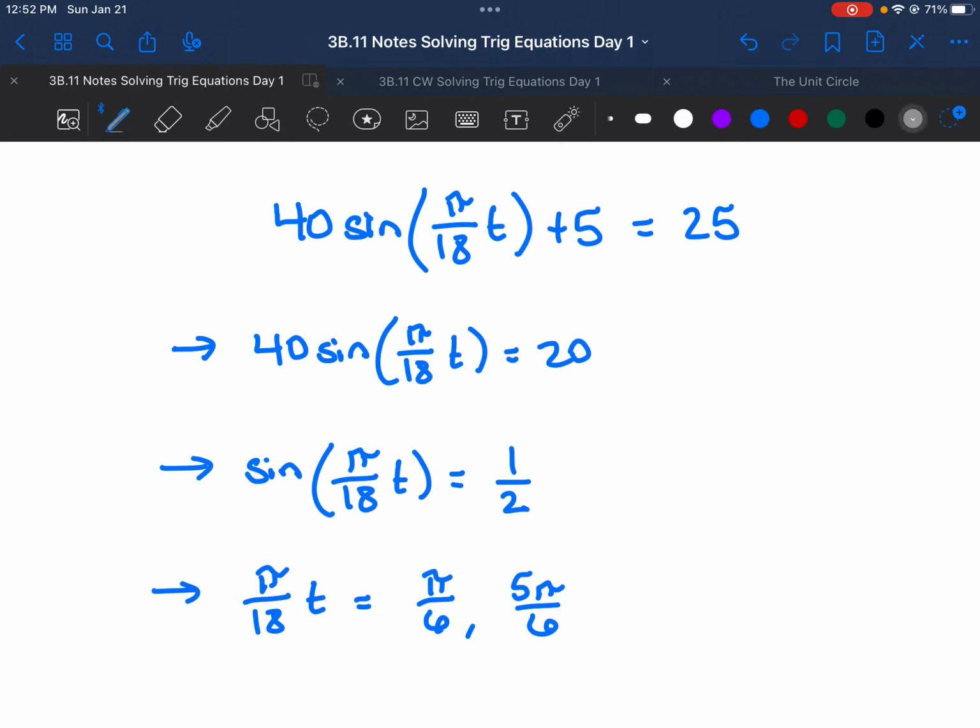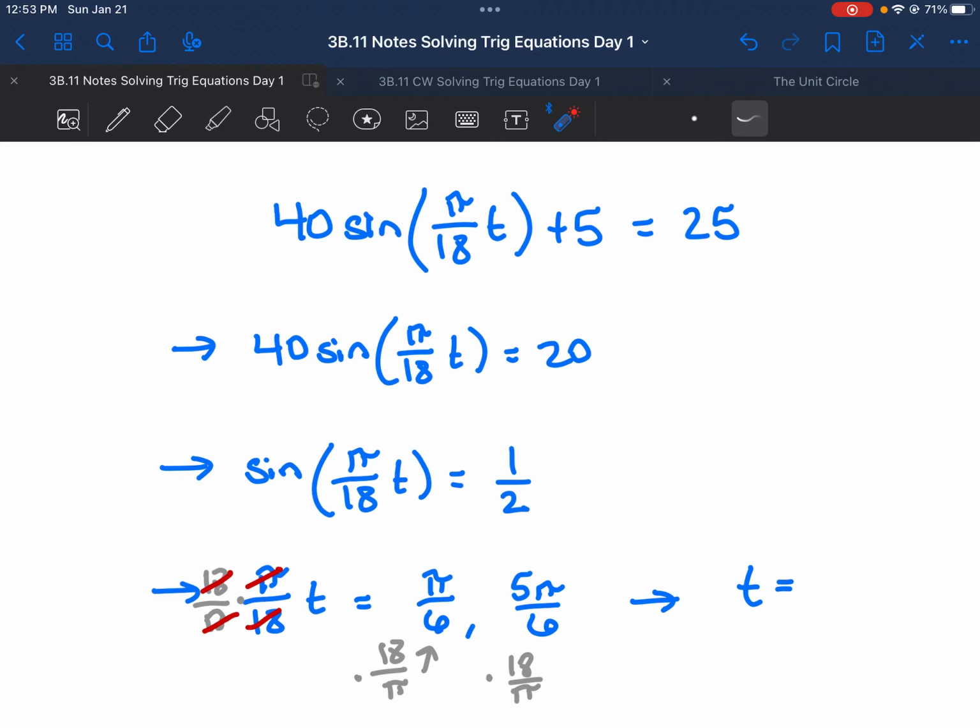So I'm multiplying everything by 18 over pi, the pi over 6 and the 5 pi over 6. That's going to leave us with just t, because the 18 and the pi will cancel.